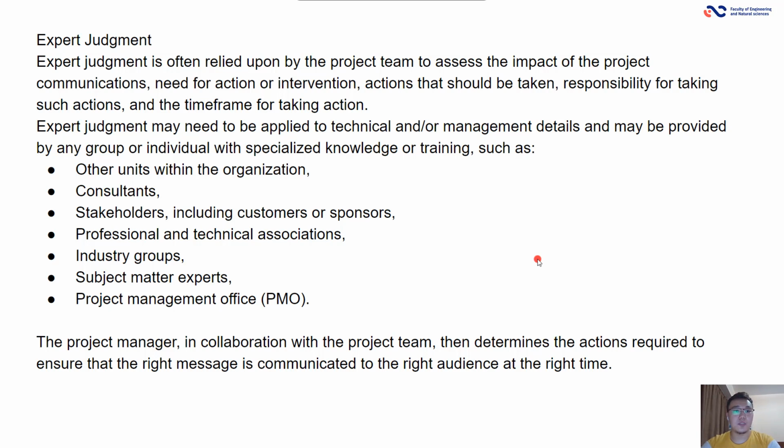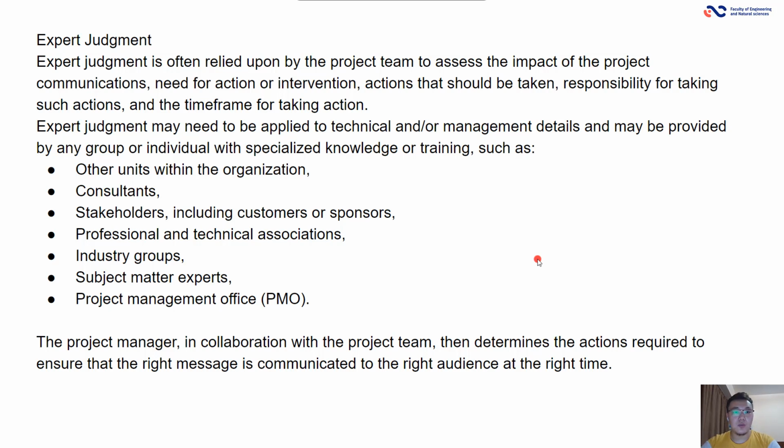Expert judgment is often relied upon by the project team to assess the impact of the project communications, need for action or intervention, actions that should be taken, responsibility for taking such actions, and the time frame for taking actions.